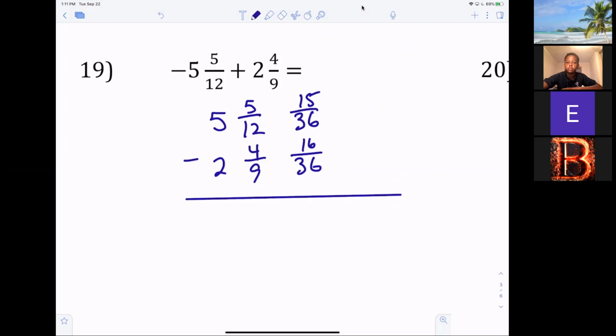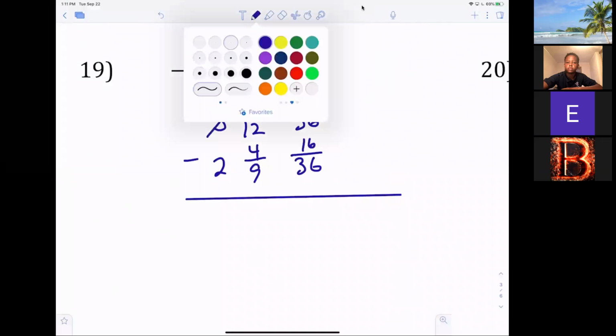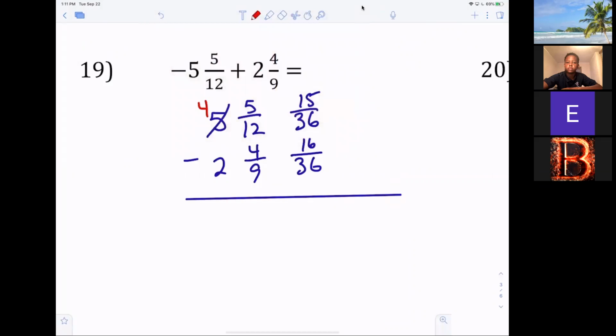Now, can I subtract? Yeah, but now you have to what? Borrow. So the 5 becomes a 4, and then the 15 becomes a 51. Right, that's good. Now you can subtract. Now what's 51 minus 16?